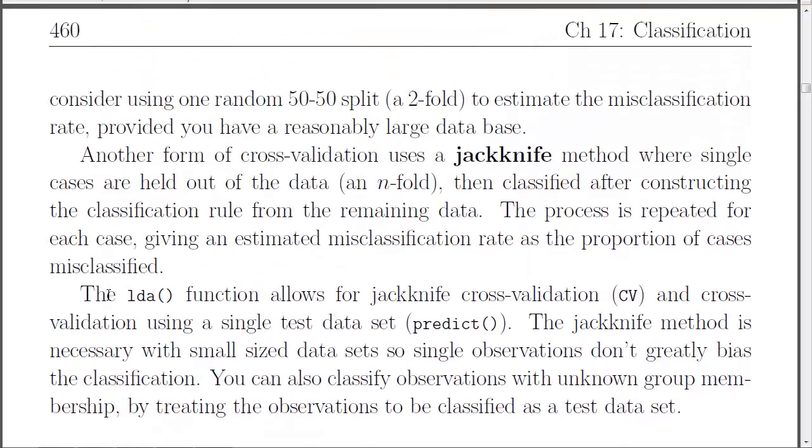All right, so LDA gives us the linear discriminant analysis. It's the Fisher's linear discriminant function, and it allows for jackknife cross-validation, which we'll see in a moment, and also allows us to use the predict function to do k-fold cross-validation, or to manually split the data and do training and testing.